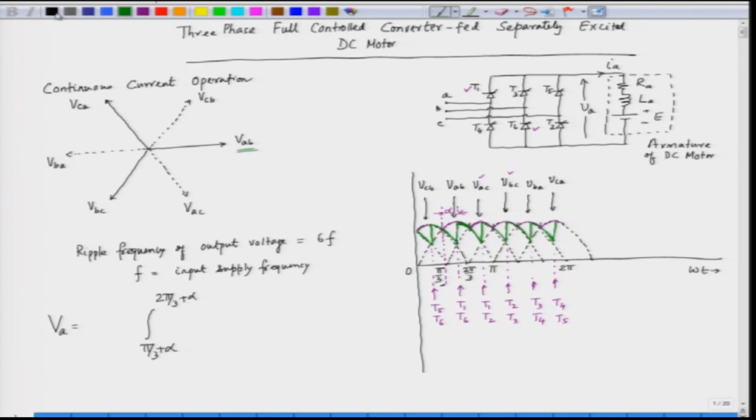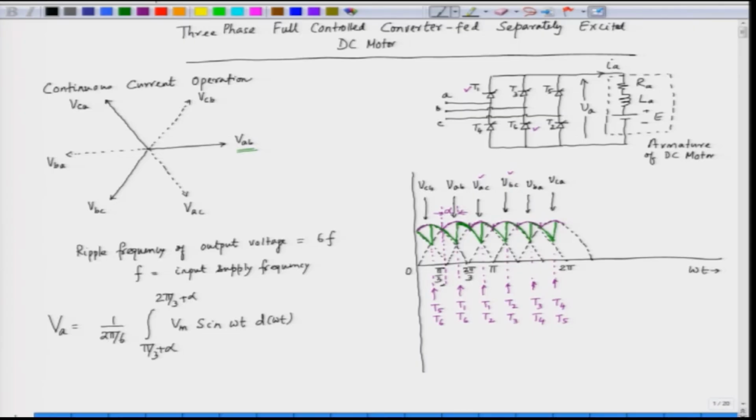So, our voltage here is Vm sin omega t, and we have to integrate over d omega t, and if you take the average, it is 1 by 2 pi by 6, because that is 1/6 of a cycle.